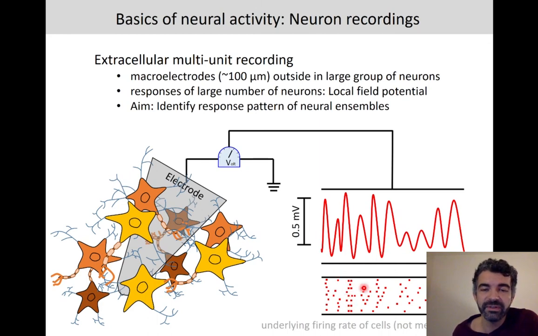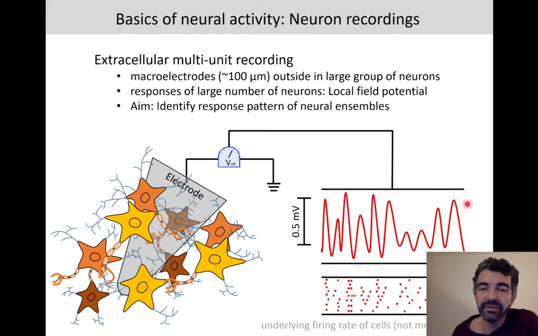So the idea here is you have a bunch of maybe 8 neurons that have an effect on this electrode, and if all of these neurons fire at the same time, like here or maybe here, you can see a relatively high amplitude.